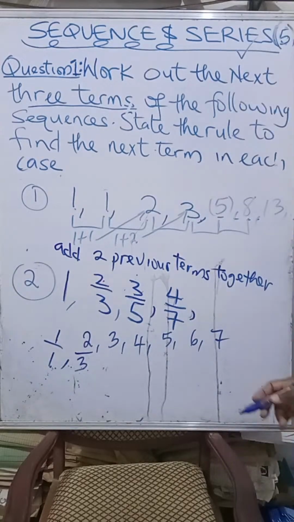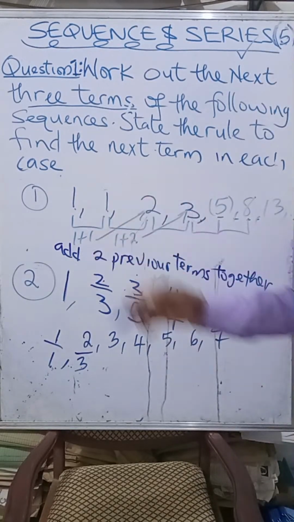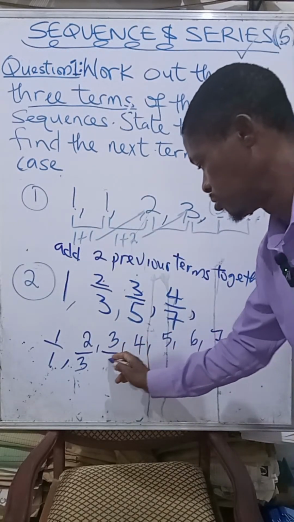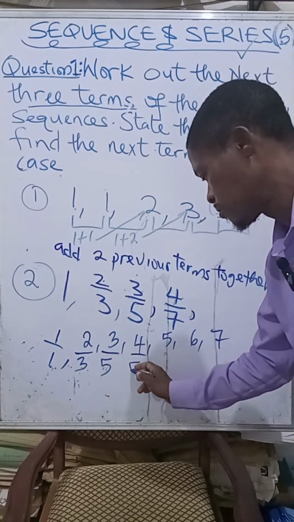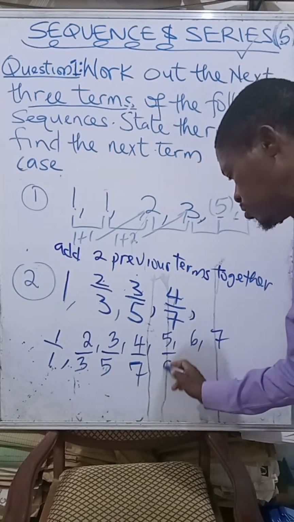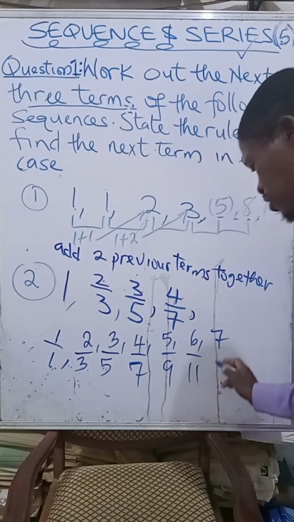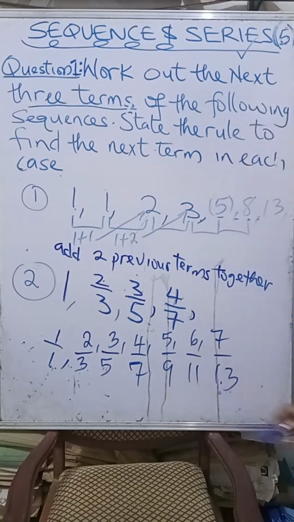So add 2 to the previous term of the denominator, plus 2, plus 2, plus 2, plus 2, and then plus 2. So the formula or the rule will be what?